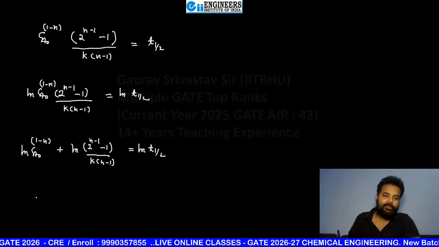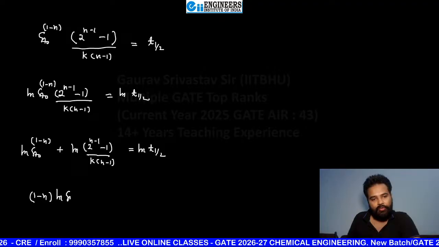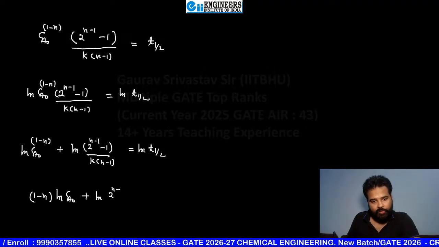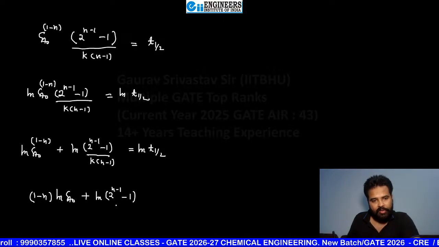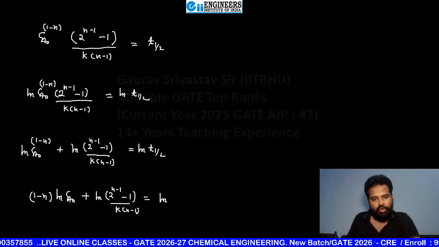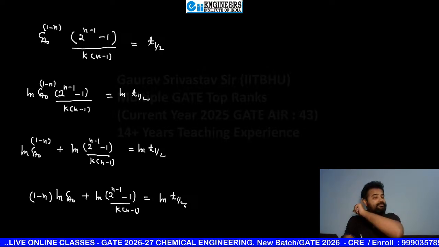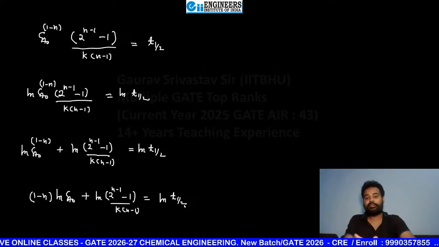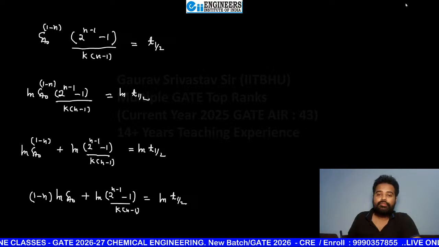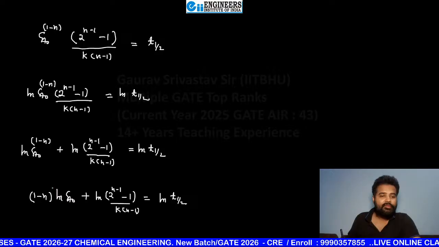So this can be written as 1 minus n ln of Ca naught plus ln of 2 raised to power n minus 1 upon k n minus 1 equals to ln of t half. Okay, it's very easy now. Now what to do? This is your final expression.